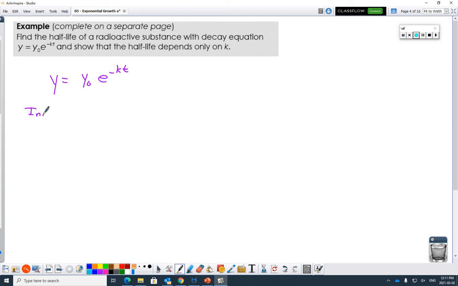The initial value of this equation is Y naught. It's that leading coefficient. It tells you how many you're starting with.